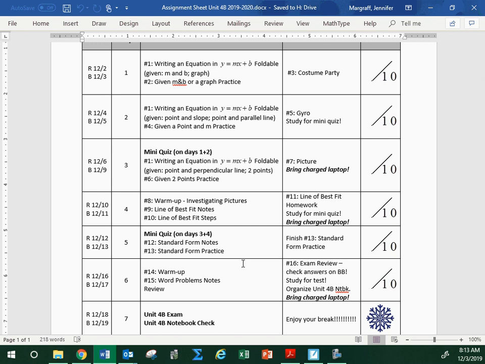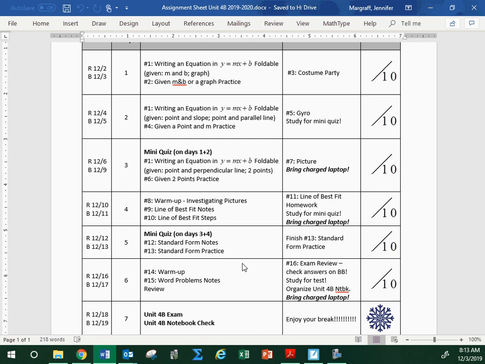All right, now something really important here is that on the 11th, when we do our line of best fit, we're going to be using Desmos for that, and so it's really important that you bring your laptop, because we'll be using Desmos in class for that. What is that?